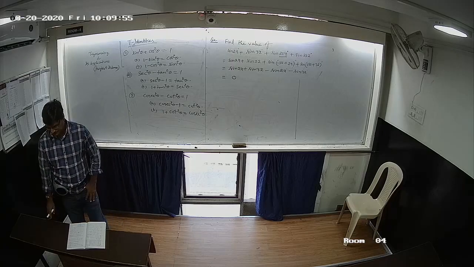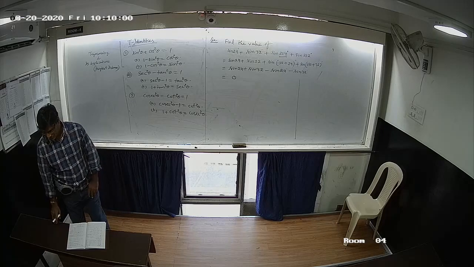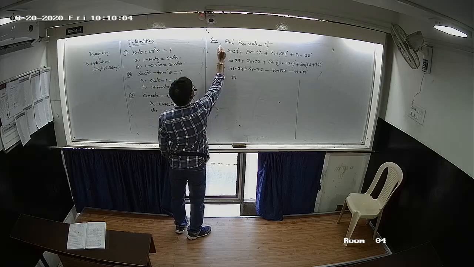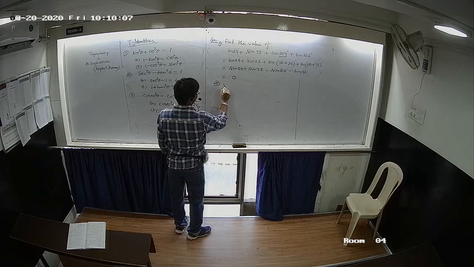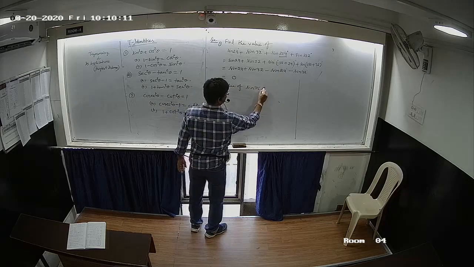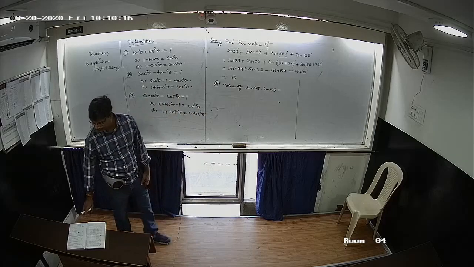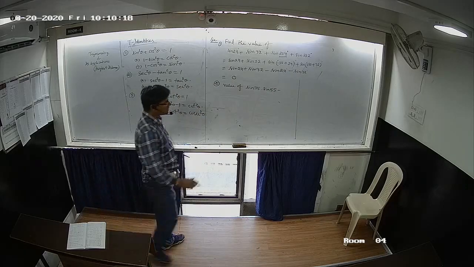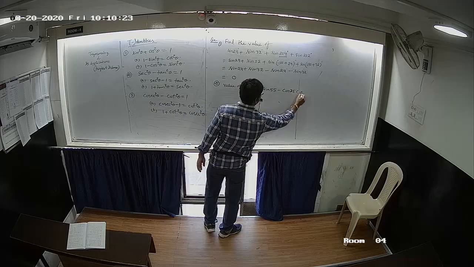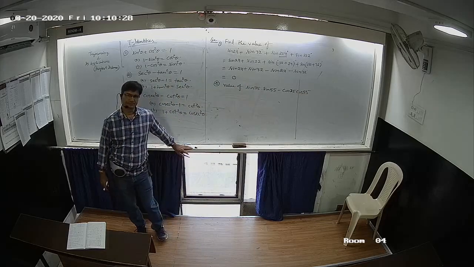In the same way, let's find out the value of sin 35 sin 55 minus cos 35 cos 55. How to get the value?